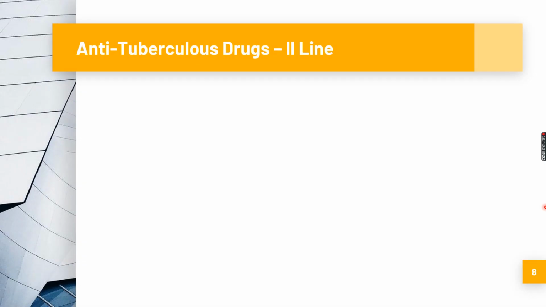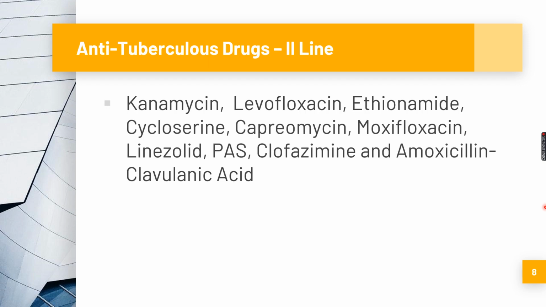There are various second line drugs. If the first line drugs fail to manage tuberculosis, or if the bacillus develops resistance against first line drugs, then we will have to use second line drugs. The second line drugs are kanamycin, fluoroquinolones like levofloxacin, moxifloxacin, then ethionamide, cycloserine, capreomycin, linezolid, para-aminosalicylic acid, clofazimine, and amoxicillin clavulanic acid.